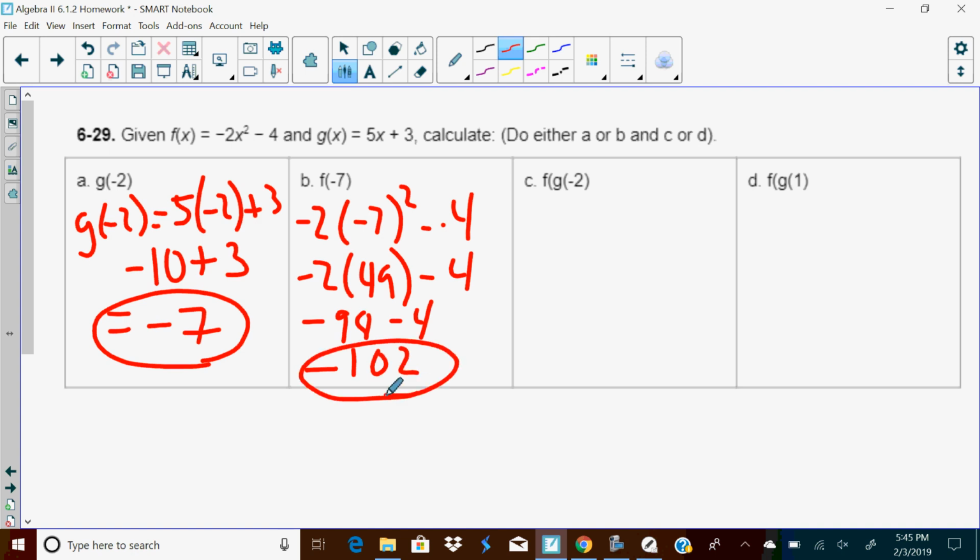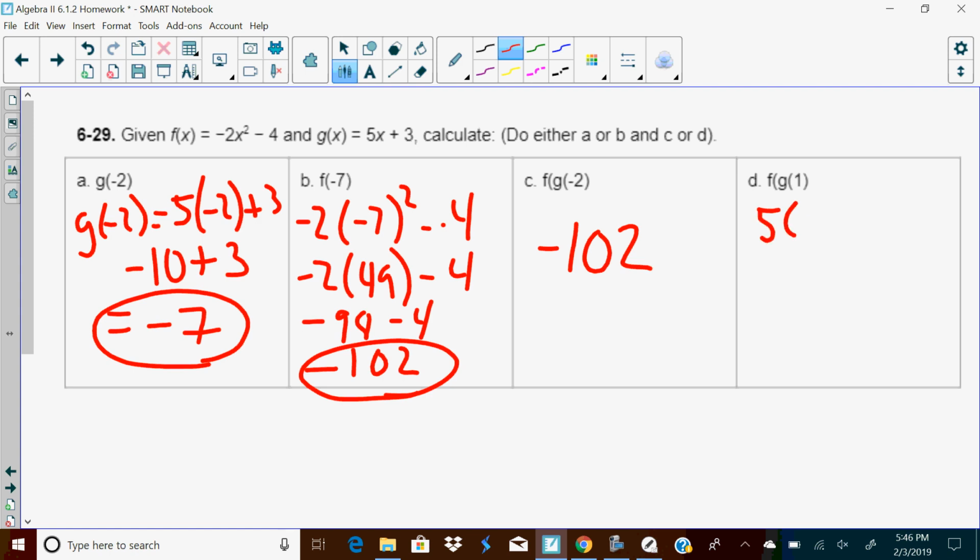So then C is f of g of negative 2, which means that I do g of negative 2 first, and then I plug my answer into f and find f of the answer. Well, I did that already. G of negative 2 is negative 7, and when I plug negative 7 into f, the answer is just the same. It's negative 102. So D changes it, and I have to plug in 1 first. So I'm going to plug in 1 for g.